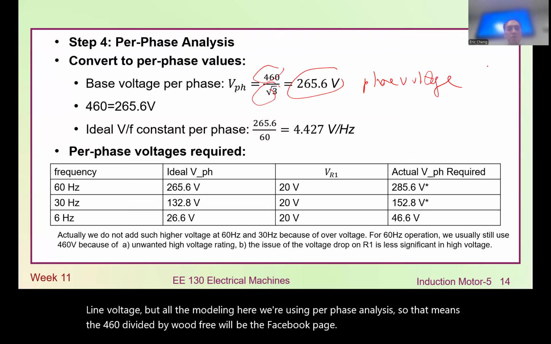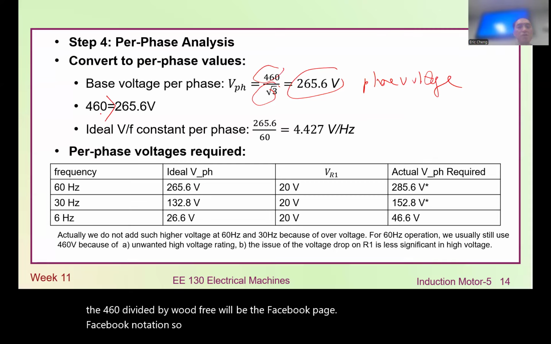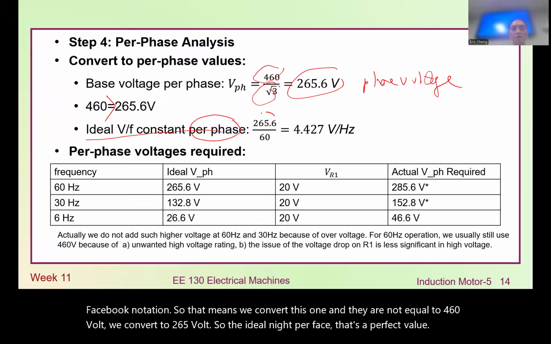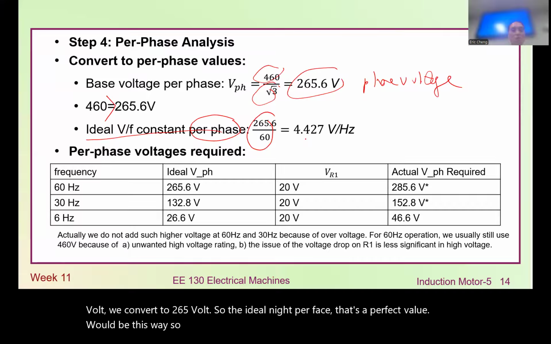We convert it, and they are not equal. So 460 volt we convert to 265 volt. So the ideal per phase value will be this ratio, which is 4.4.